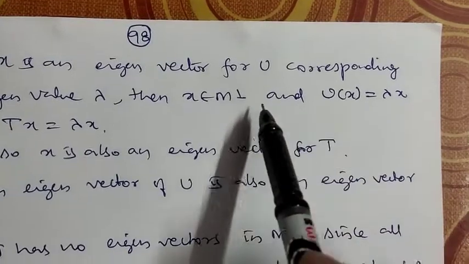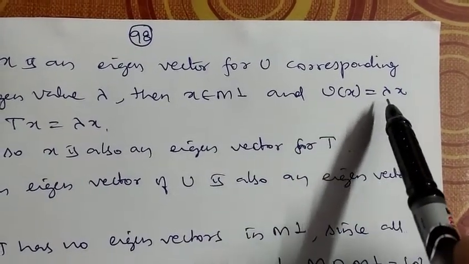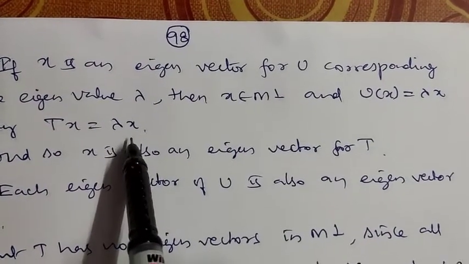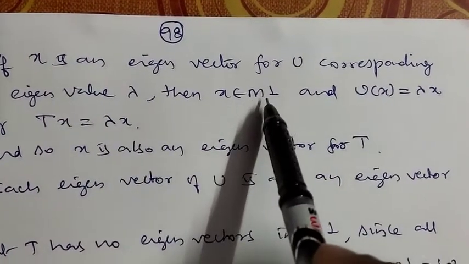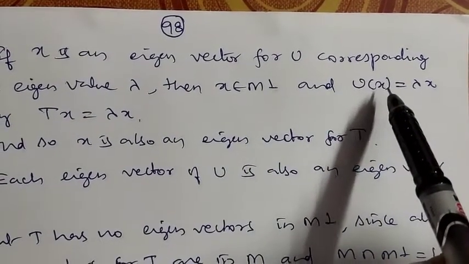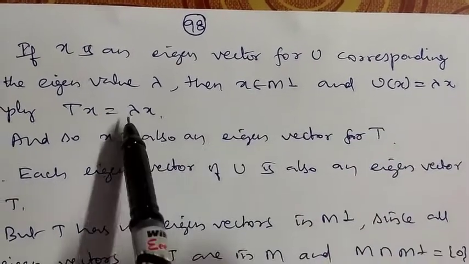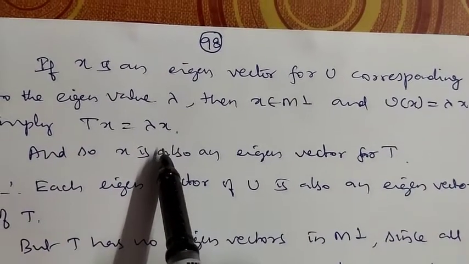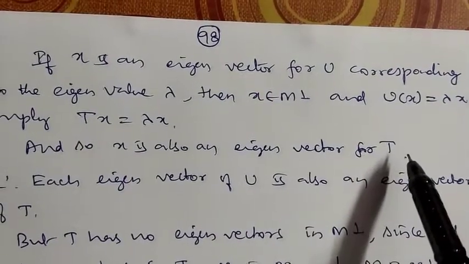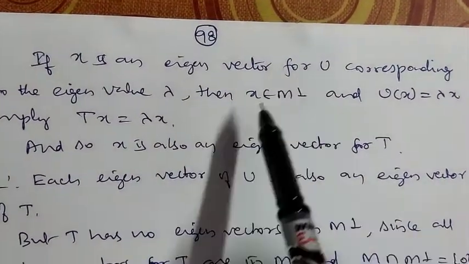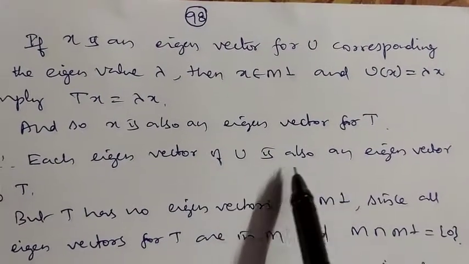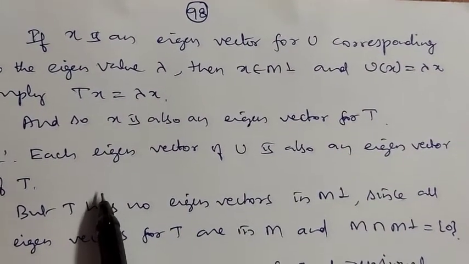This implies T of x is also lambda times x, because for the elements in M lambda, U is the same as T. So x is an eigenvector of T. So if x is an eigenvector of U, then x is also an eigenvector of T, meaning all the eigenvectors of U are also eigenvectors of T.